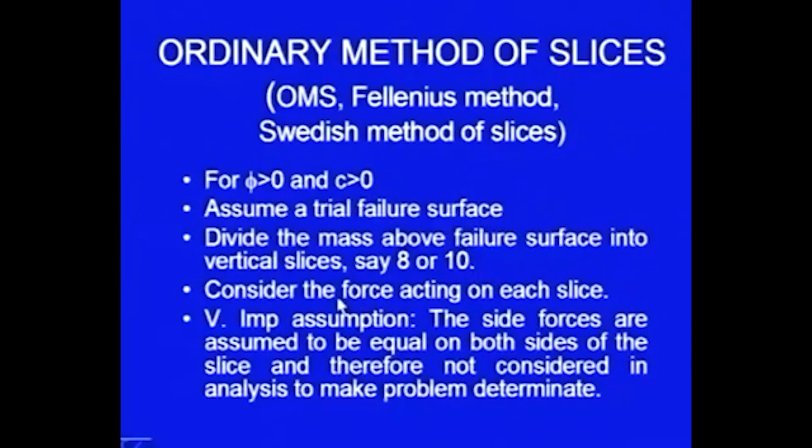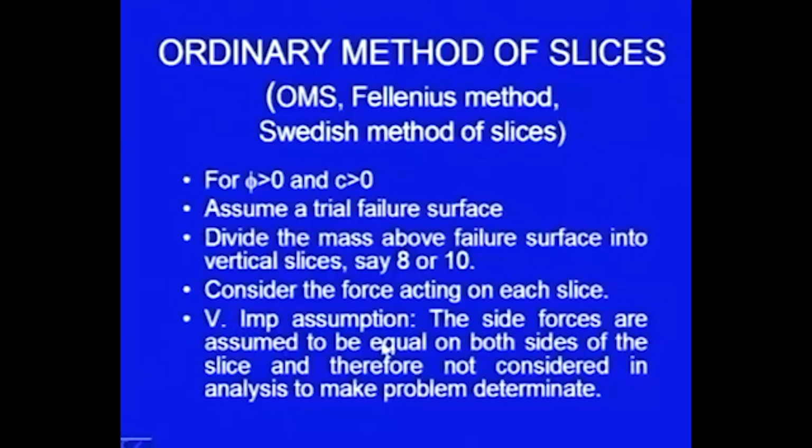Then we have to consider the forces on each slice. Like we did in the previous case, here also we will consider the different forces, which we will discuss later on, and then find the moments and then the factor of safety.